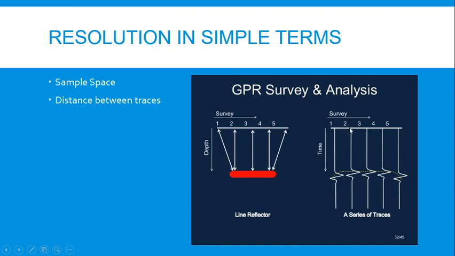If we minimize the distance between the traces, then the resolution will be increased in the survey line direction. So the lateral dimension of the investigated target will increase as we decrease the distance between individual traces. And the same goes for the sample space.